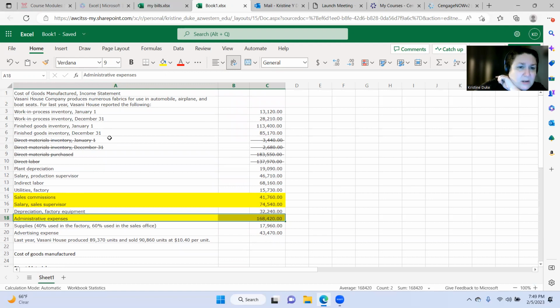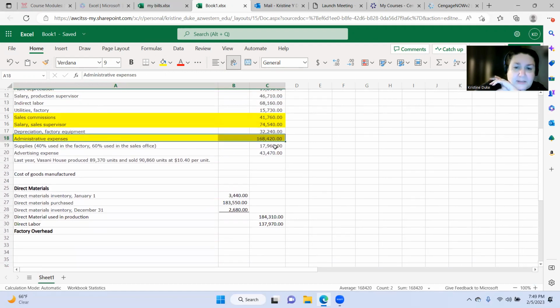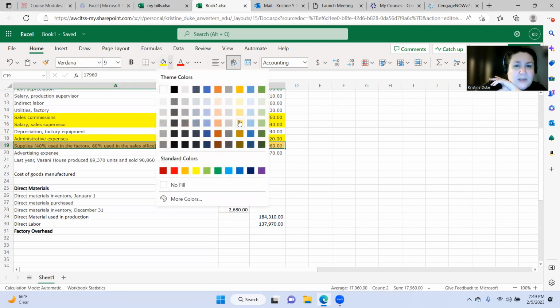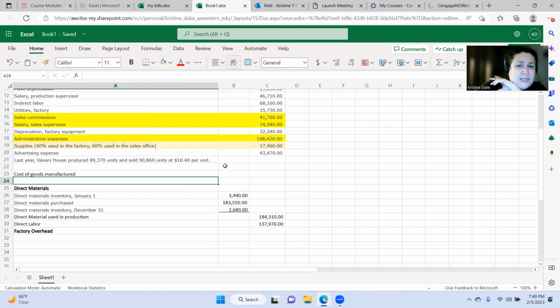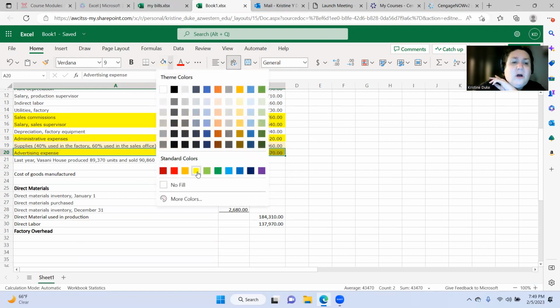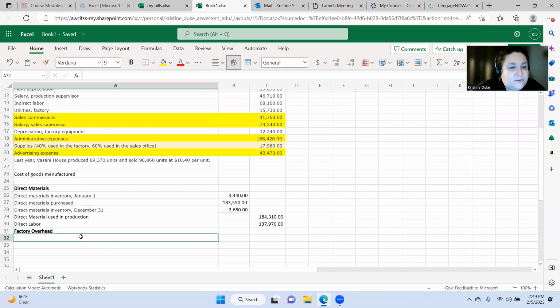Supplies, this one is going to be a nice light yellow, just because we have two types of cost associated with that. And then of course, advertising expenses is going to go into the sales and admin. So these bright yellows are going to be sales and admin. So I just want to get rid of them.